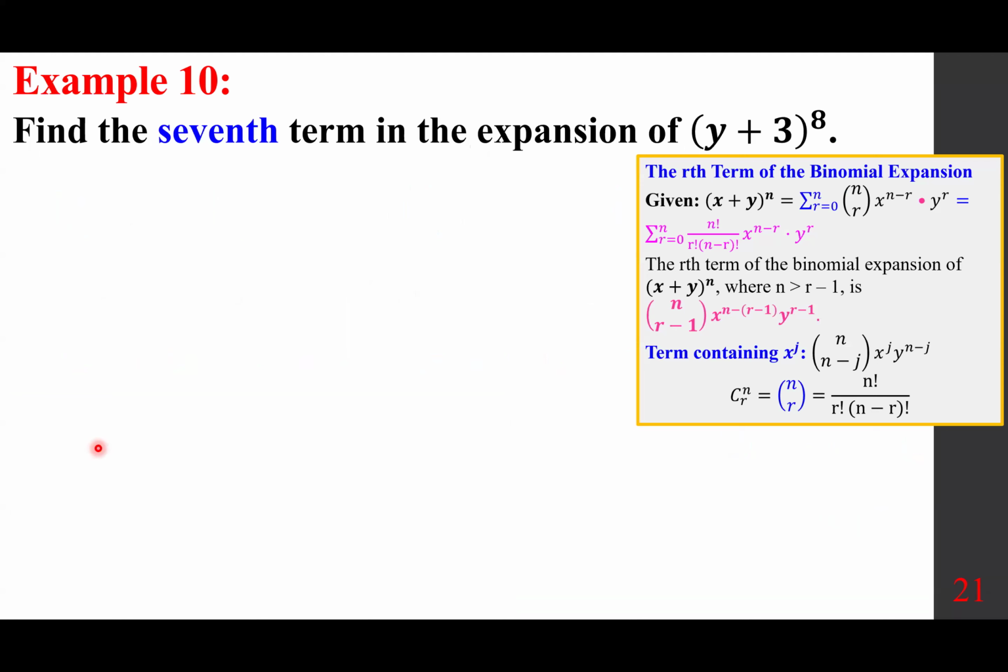All right, we want the 7th term of (y + 3) to the power of 8. So if we go with this process, we need to find n, which is 8, for the seventh term. x actually is y here, and y is 3.